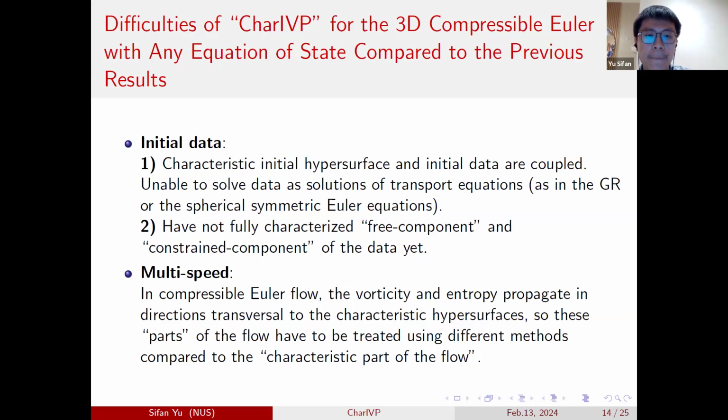That means when you try to do energy estimates for your transport part, you will encounter boundary terms because you are working in a characteristic diamond, which is very different from the standard Cauchy problem. And you need to get precise control and understanding of those boundary components. So that's a little heads-up on the difficulties we have for the characteristic IVP for 3D Euler.